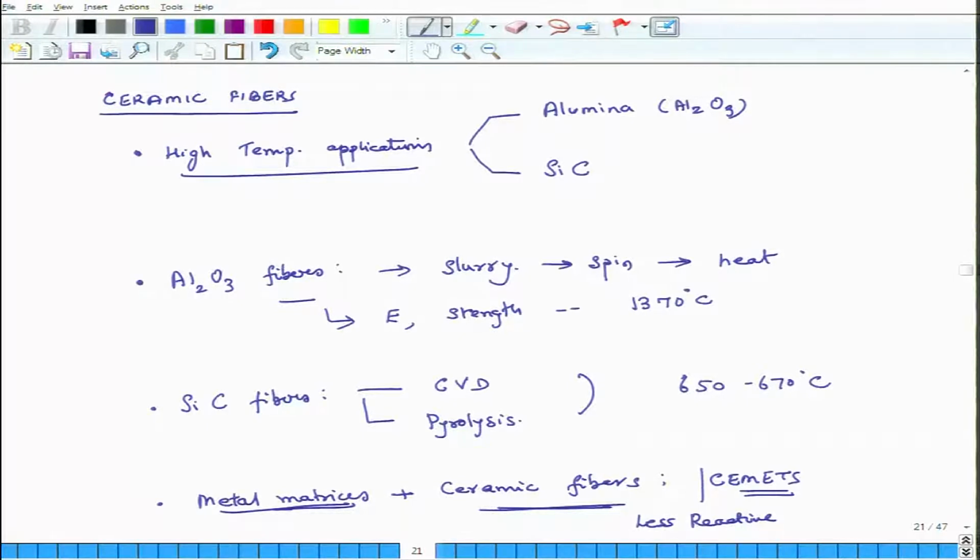So, some applications I had mentioned that cermets are used in cutting tools, where you want to cut metals which are very hard, you can use these types of composites, or in aircraft blades.